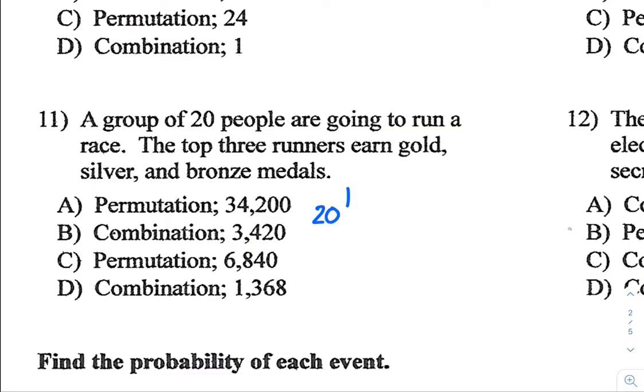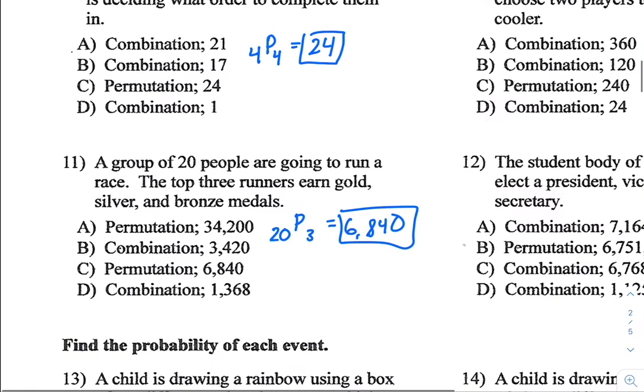So 20, and you're choosing 3 of them. Once you put this into your calculator, what you should have gotten is 6,840, and that is C. 6,840 permutation.